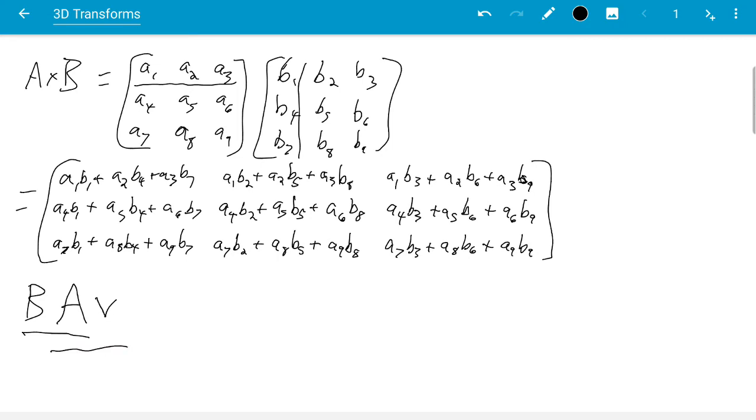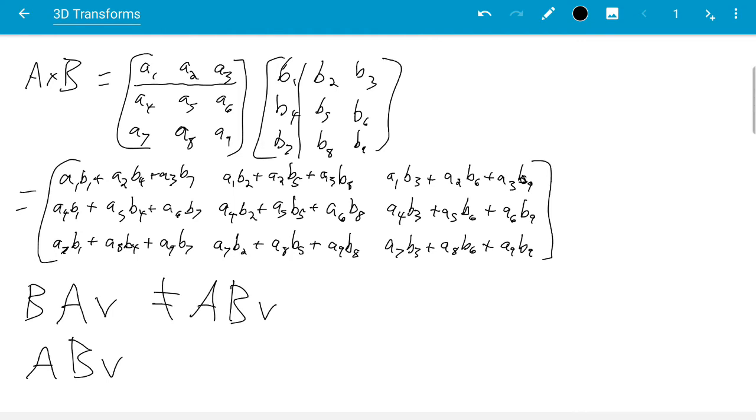Those are equivalent. But what is different is if you write it A, B, V. This is not the same. So this generally is not the same. B times A times V is not A times B times V. There are some cases where that is true, where they are equal to each other, but generally matrix multiplication is not commutative.